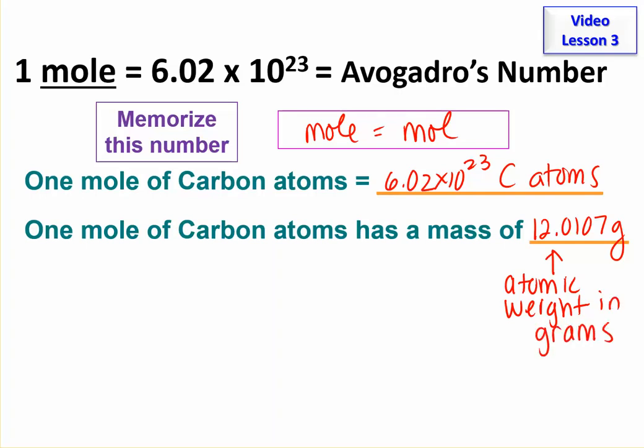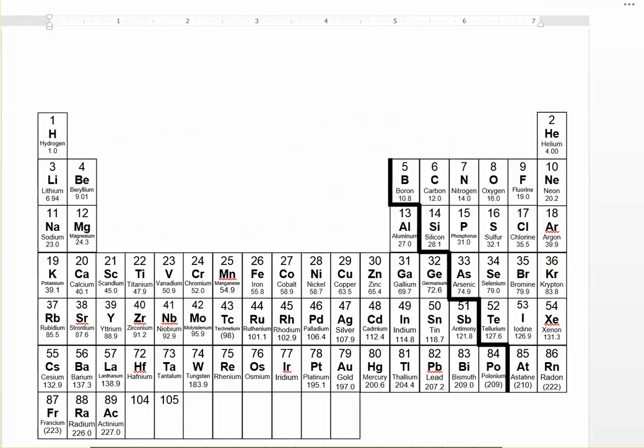So off the periodic table, let's see where I'm getting that number from. Now this one has been rounded off. My periodic table rounds, I have them rounded off to 1 place past the decimal for most of them. Remember, this top number is the number of protons. This number is the atomic weight.